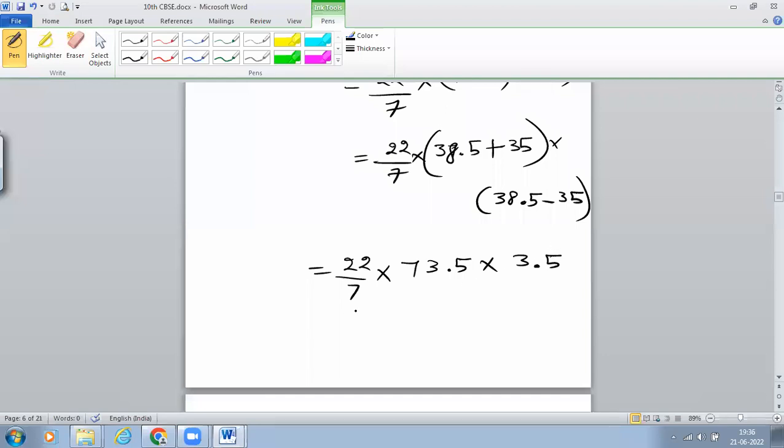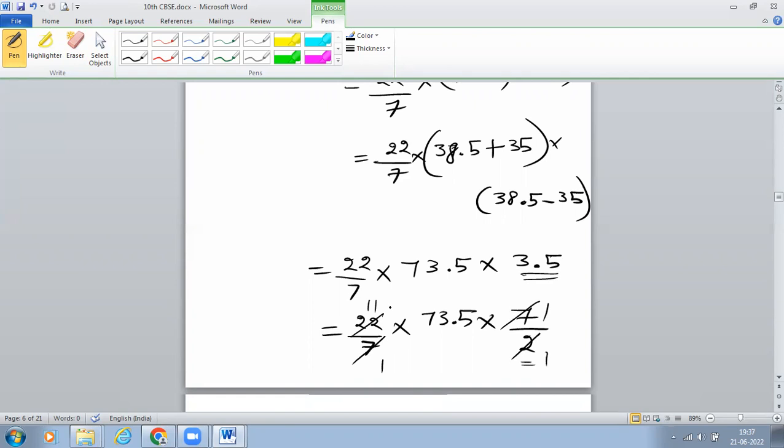I can write 22 by 7 as it is, 73.5 also as it is, into this 3.5, which is half of 7. 3.5 can be expressed as 7 by 2, because the value of 7 by 2 is nothing but 3.5. The value of 1.5 can be expressed as 3 by 2. Likewise, 3.5 can be expressed as 7 by 2. Yes or no? Why I am expressing it like this is so I can cancel. 7 ones are 7. The 7 in the numerator and the 7 in the denominator get cancelled. 7 ones are 7. Now 2 ones are 2, 11 twos are 22. Is it easy, ma?